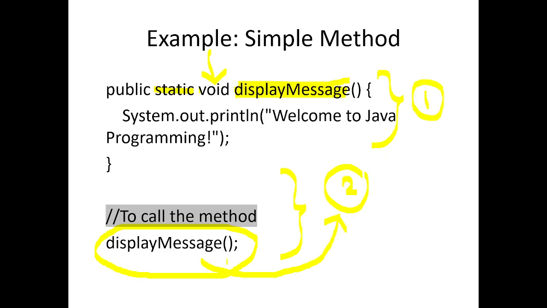This is just the way we can call it. Your method name is display message. Whatever method is stated here, you just need to call the method name in your main structure. Display message is not in number 1, the first structure; it is in number 2, your main method structure.